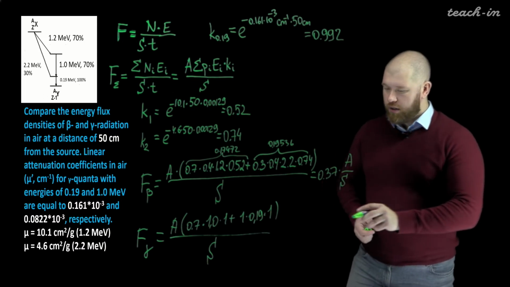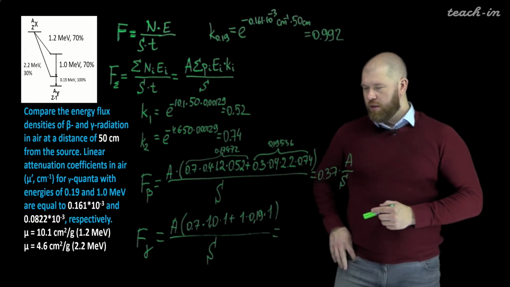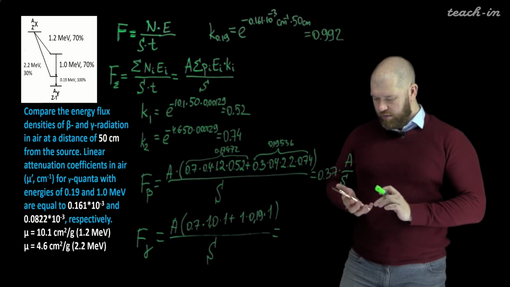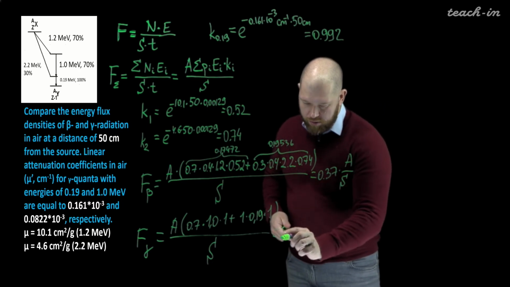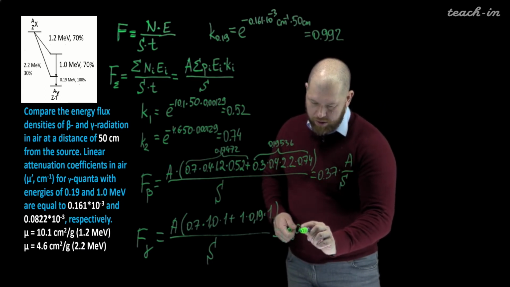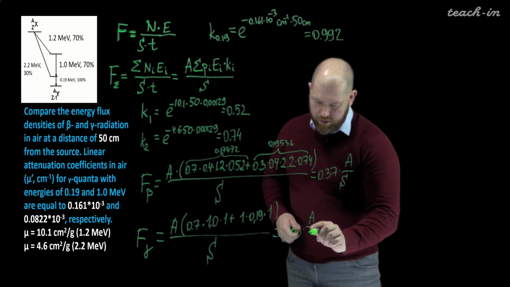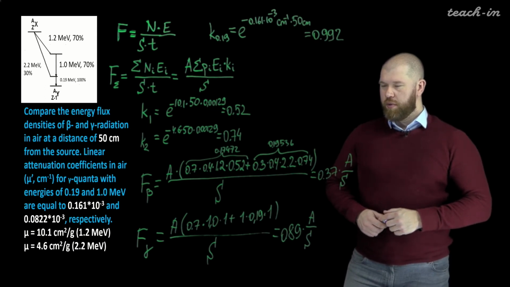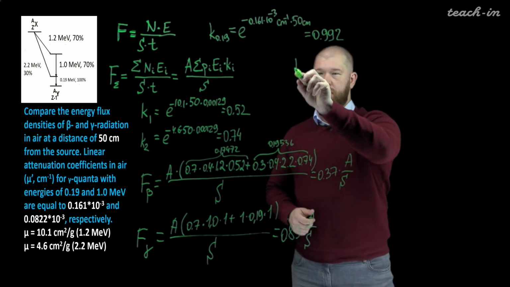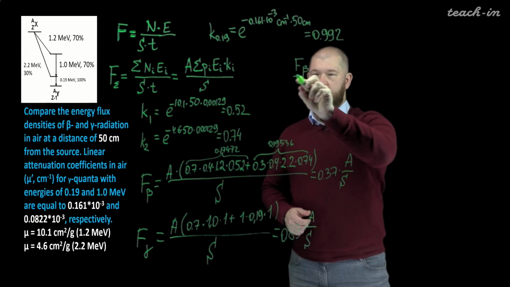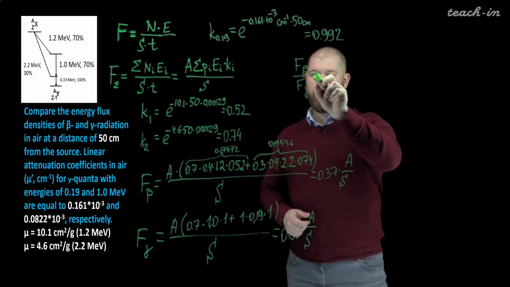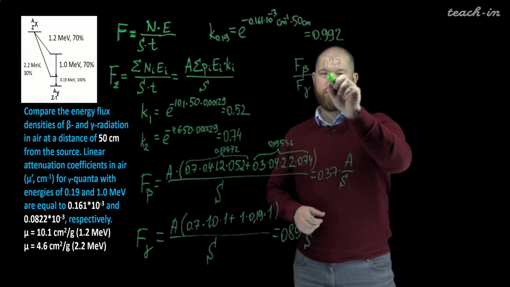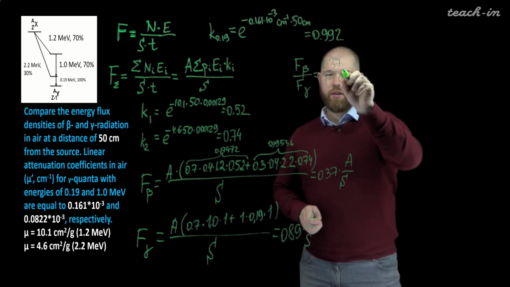And in this case, it will be simply 0.7 plus 0.19, so 0.89 activity divided by S. Okay, and thus the ratio between these two numbers will be simply 0.37 divided by 0.89.